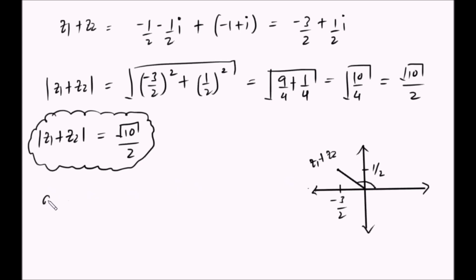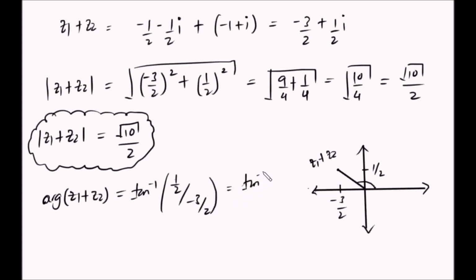So the argument now of z1 plus z2 is going to be tan inverse of the imaginary part over the real part. So this is the same as tan inverse of -1/3. If I take 1/2 over -3/2, I get -1/3. So use your calculator there.